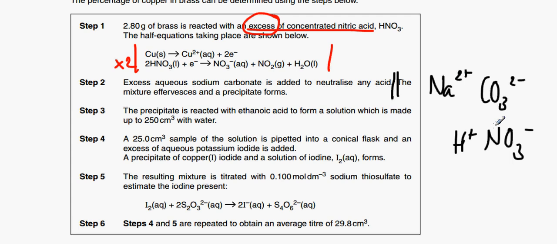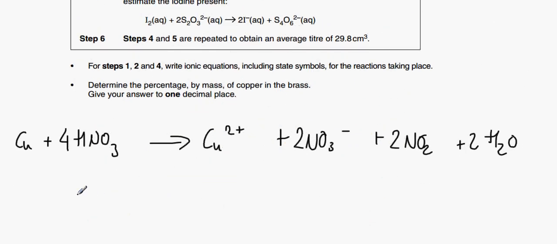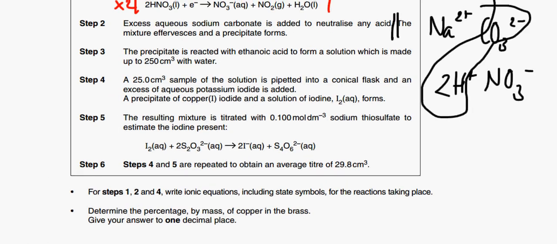But the only problem that we have here is that we've got one proton here, whilst we need 2. So therefore, we balance it out by writing 2H. And seeing as we're only focusing on this, we write down 2H plus CO3 2 minus goes to, and it tells us that it effervesces.